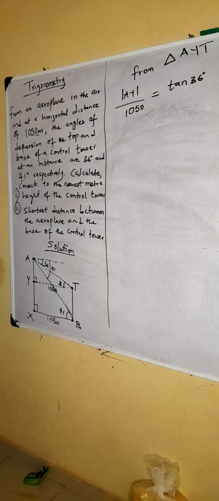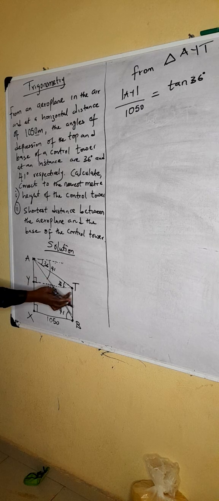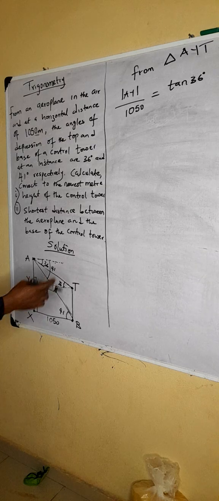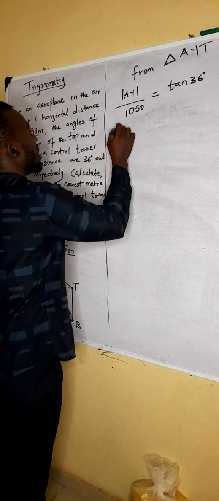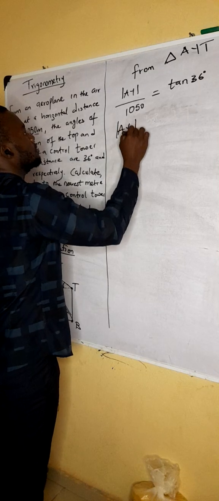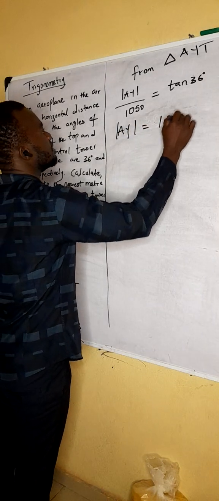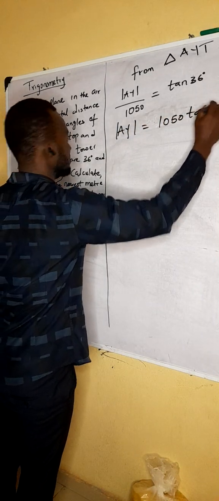From this right angle triangle, AY is the opposite, and tan is opposite over the adjacent, which is the same as tan 36. Now if you make AY the subject of the formula, AY will be equal to 1050 times tan 36 degrees.